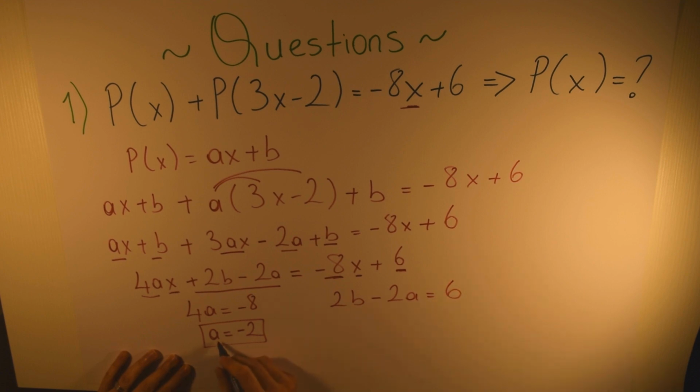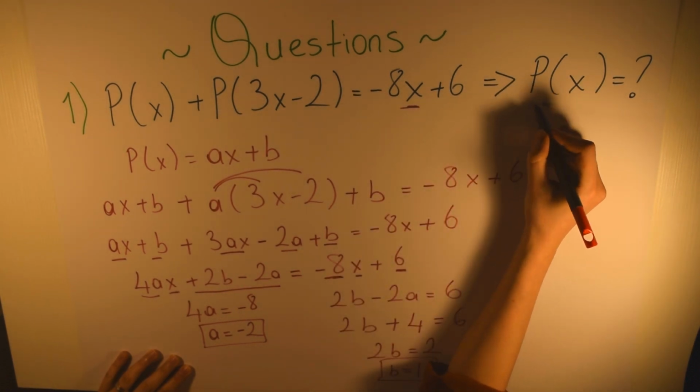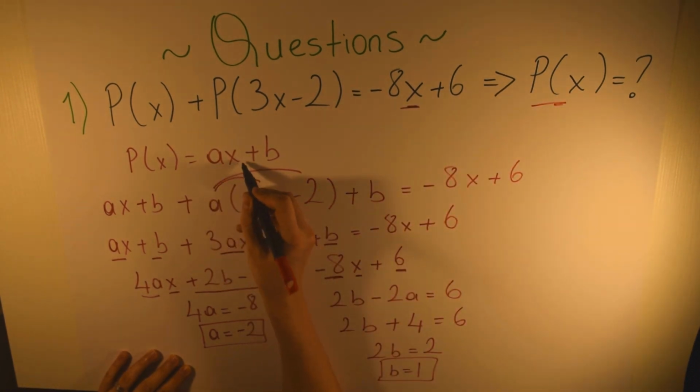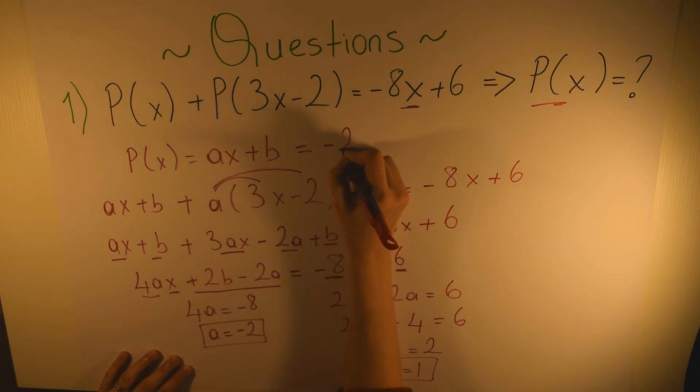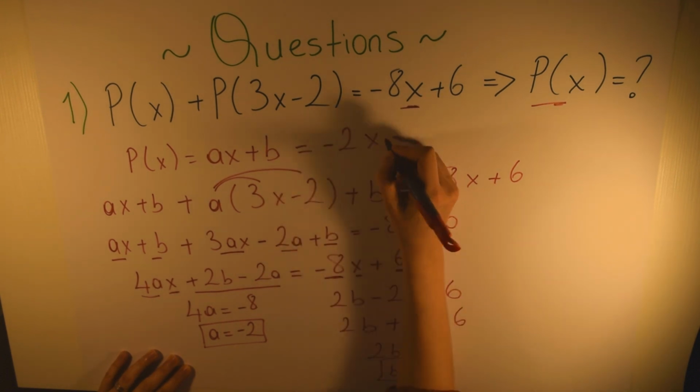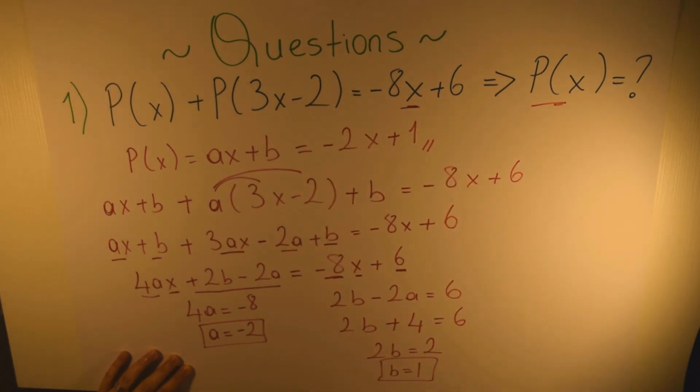We already found a, it is equal to minus 2, so minus 2 times minus 2 is plus 4, plus 2b is equal to 6. So 2b is equal to 2, b is equal to 1. The question is asking P(x). P(x) is ax plus b, which is equal to minus 2x plus 1. That is our answer.